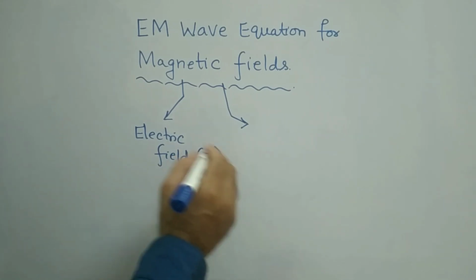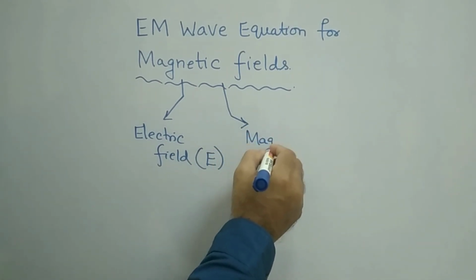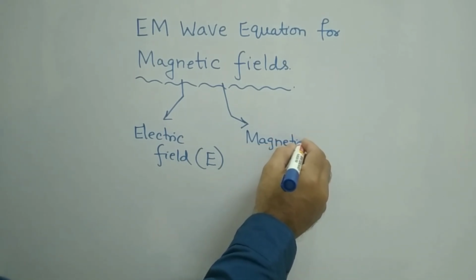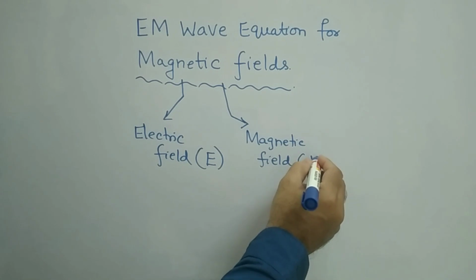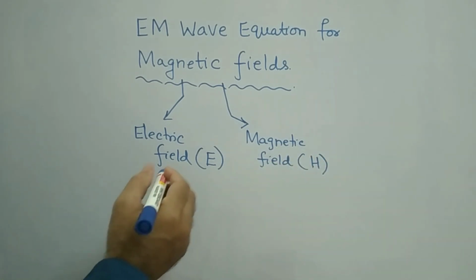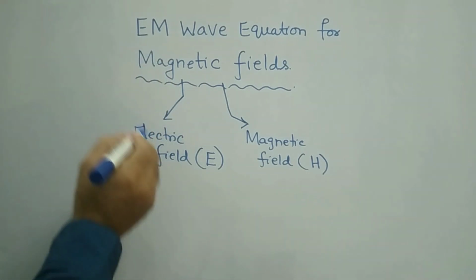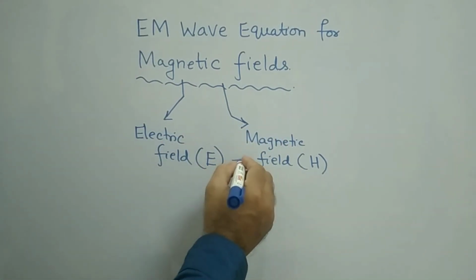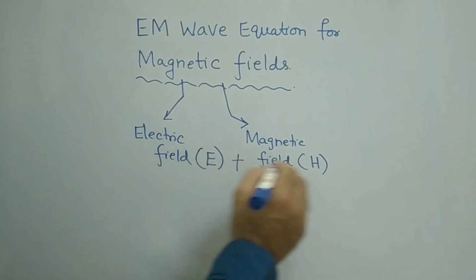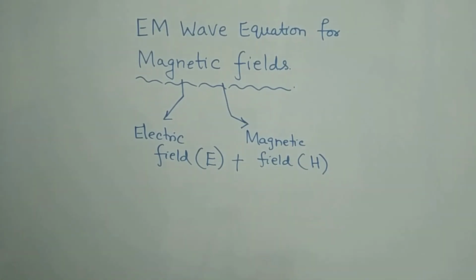Similarly, there is the magnetic field, denoted by capital H. Therefore, the EM wave is electro plus magnetic, E plus H. The combination of these two fields gives rise to the electromagnetic wave.